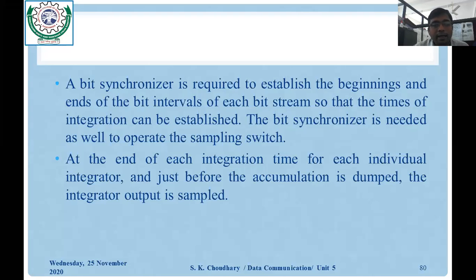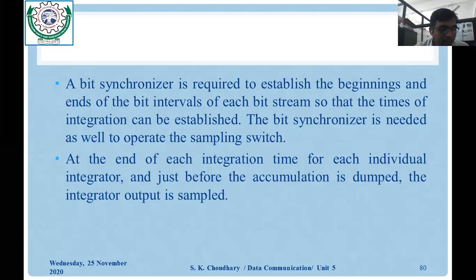At the end of each integration time, which is different for the even signal and odd signal, that is, for the even signal it is from (2k) Tb to (2k+2) Tb, and similarly for the odd it is from (2k-1) Tb to (2k+1) Tb. At the end of each integration time, for each individual integrator, just before the accumulation is dumped, the integrator output is sampled with the help of this sampling switch.